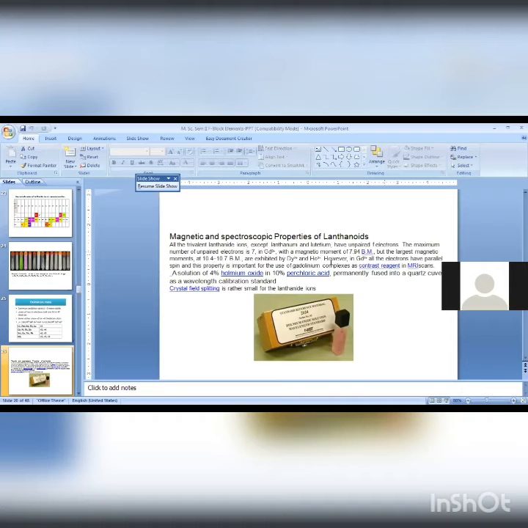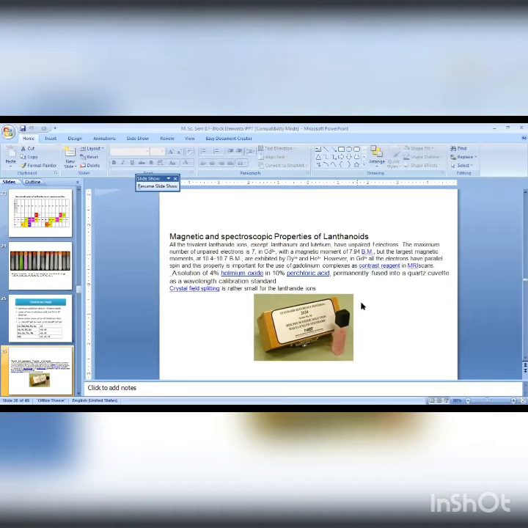But the largest magnetic moment, 10.4 to 10.7 Bohr magnetons, is exhibited by dysprosium and holmium. Perhaps you might have heard that during some accident, the physicians advise that you have to go through the MRI technique.